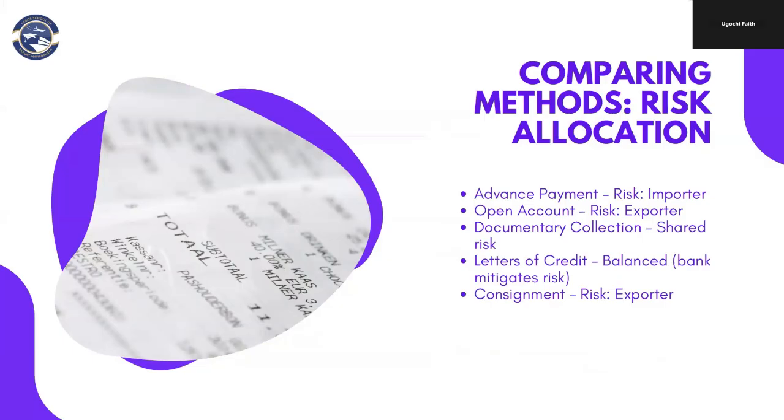So let's compare risks. Let's talk about risk allocation. When we are looking at advance payment, the risk is on the importer, the person buying the goods, because he is the one paying you, the exporter. When we are talking about open accounts, the risk is on the exporter because he's doing everything with his own finance, capital, time, resource, everything.